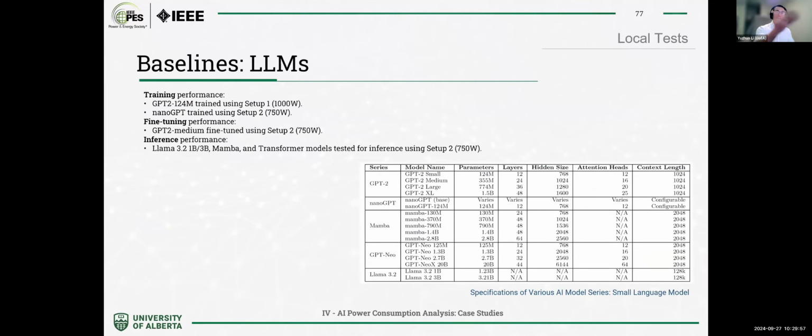This is the detailed information about the model. Unfortunately, Llama 3.2 was released really recently, so I don't have the details like the layers, the hidden size, and attention heads. But hopefully, really soon, within the next few weeks, people will tear the model apart, and everyone will know that.